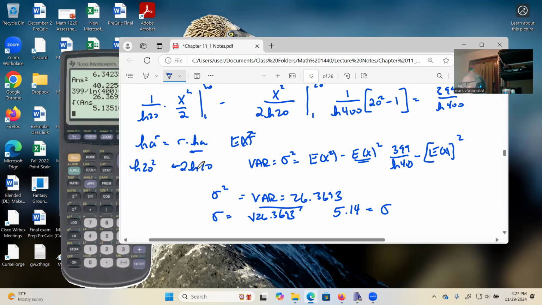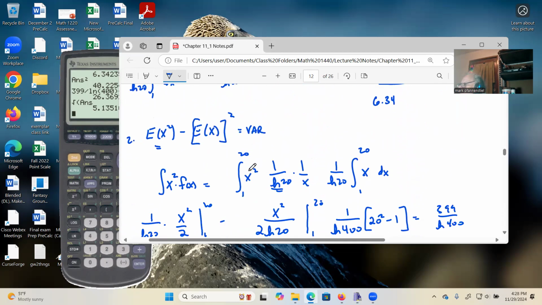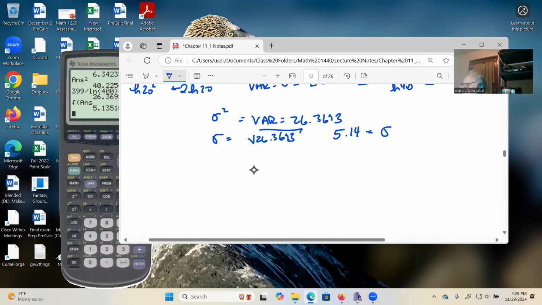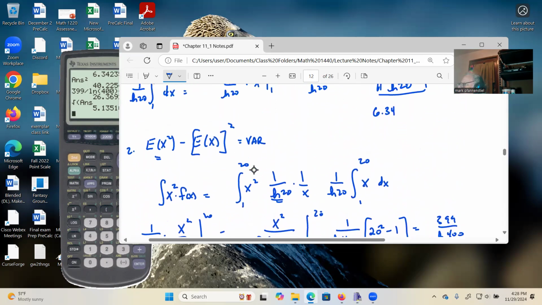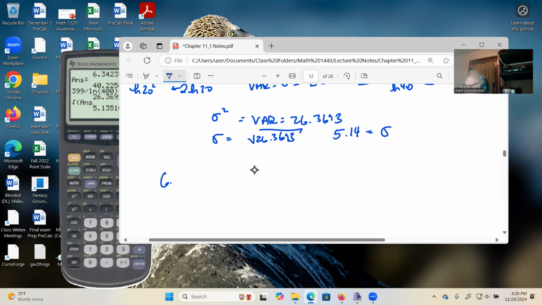Okay, the next thing I want to do is figure out what numbers are within one standard deviation of the mean. What was my mean? My mean was 6.34. So we're going to say 6.34 minus 5.14, 6.34 plus 5.14. Just saying the mean minus the standard deviation, the mean plus the standard deviation.